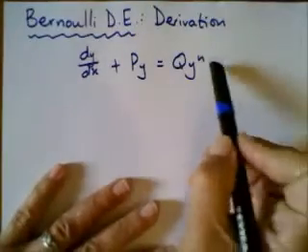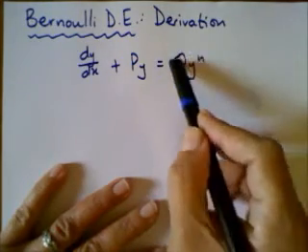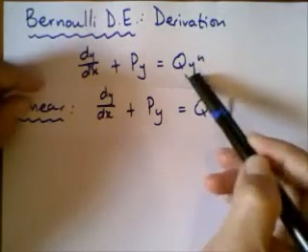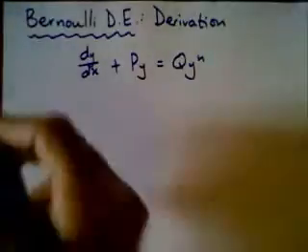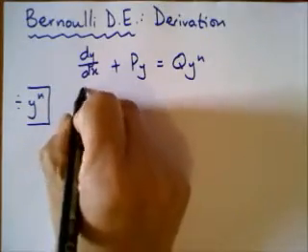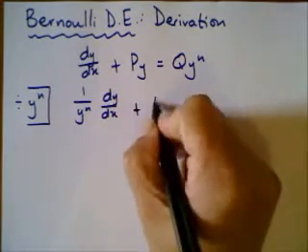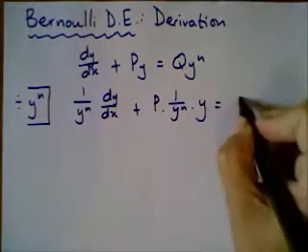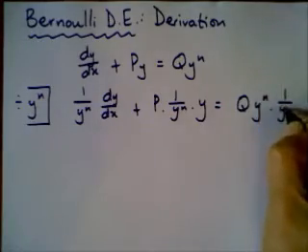So, I'm going to convert this into linear form, as I said, and I'm going to start with the rightmost side of the equation. You'll see the difference between Bernoulli and linear is the y to the n, which means I'm going to divide through by y to the power n. So we do that, and we get 1 over y^n dy/dx, plus P times 1 over y^n times y, equals Q times y^n over y^n.